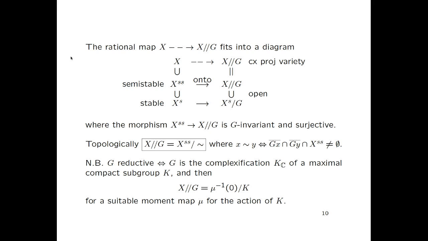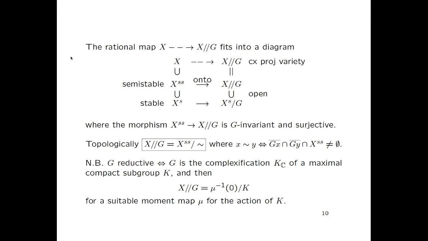And it turns out, it's not at all obvious, that the restriction is actually a surjective morphism onto the GIT quotient. And then you can restrict further to the stable points where you really do have a nice geometric quotient, whereas for the semi-stable points, typically you have different orbits that get identified.